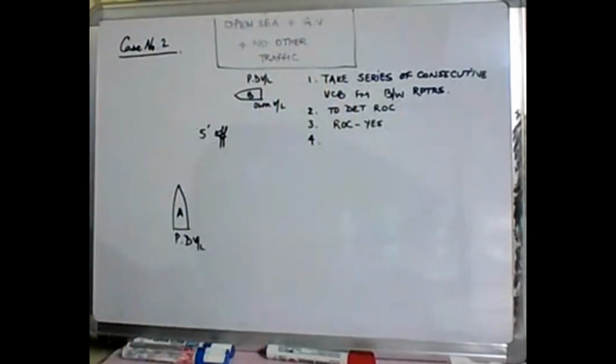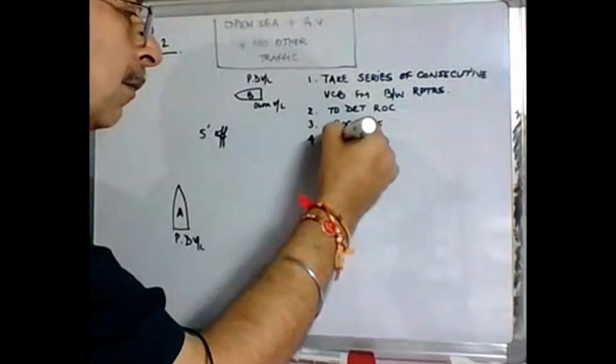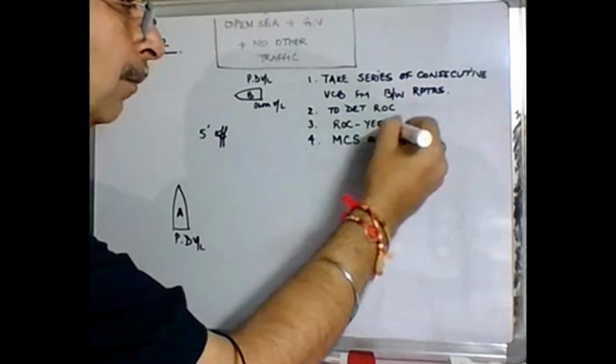So, what will be your action on Bravo? Maintain the course and speed. Correct. Absolutely right. Maintain course and speed. And this is as per which rule?